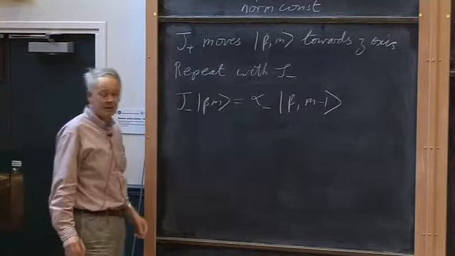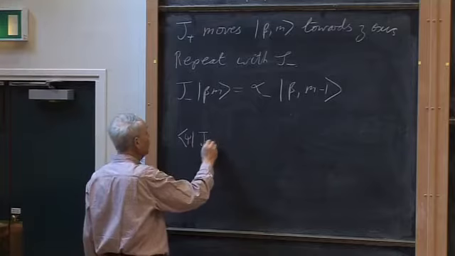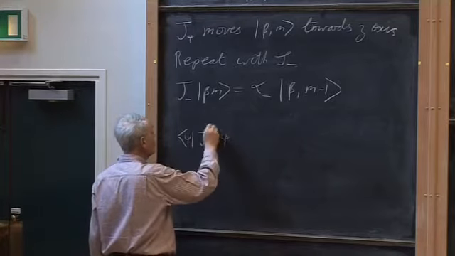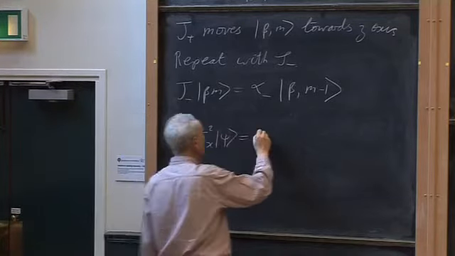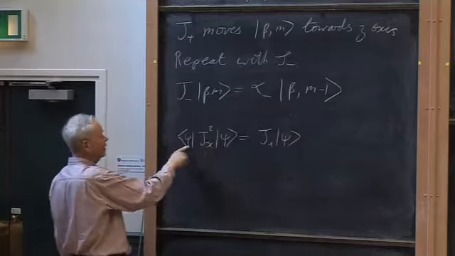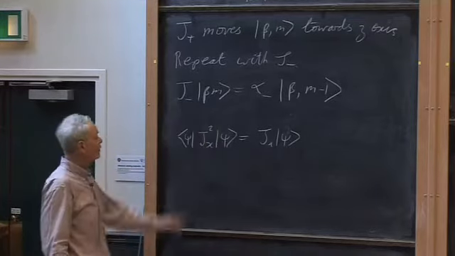Okay. Now, we have that the expectation value of, for example, jx squared is equal to the mod squared of jx psi, for any state psi. So take any state psi and work out this expectation value of jx squared.